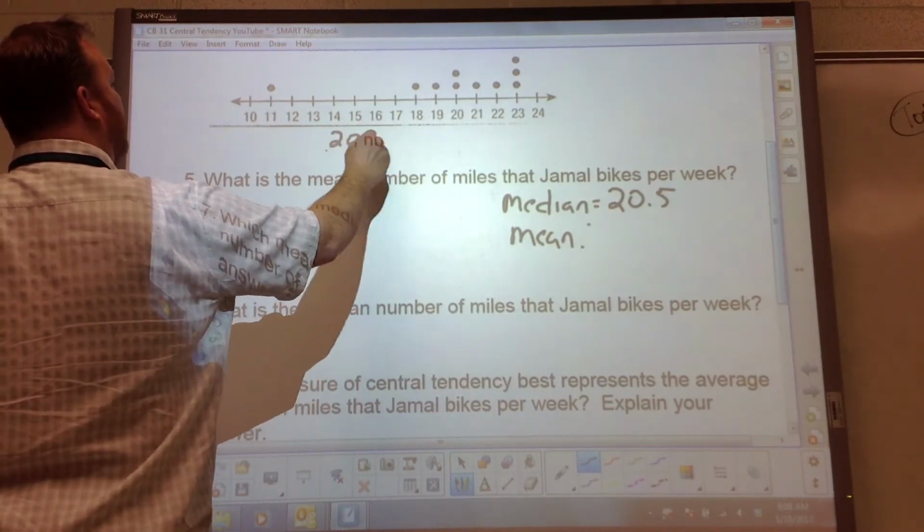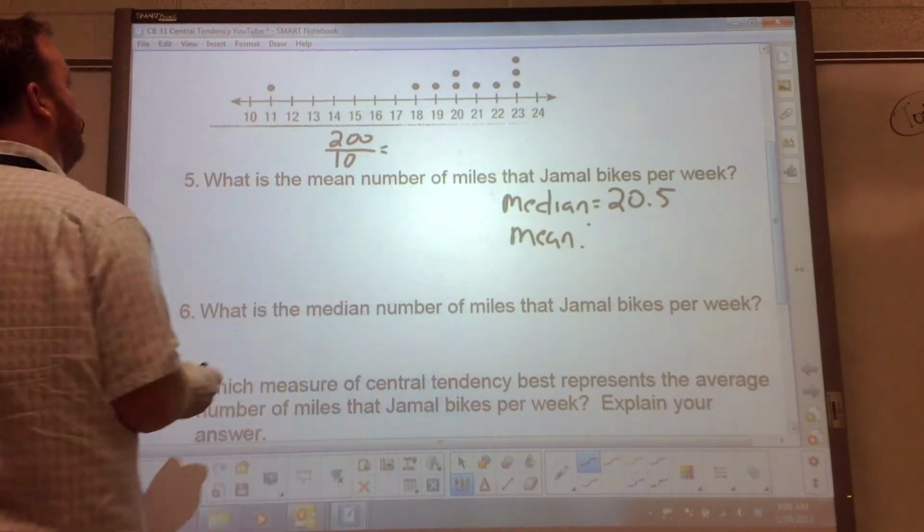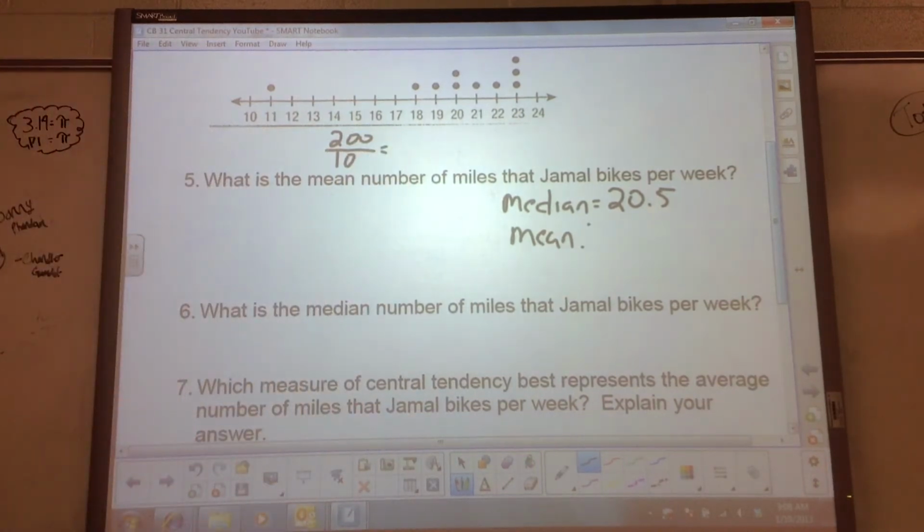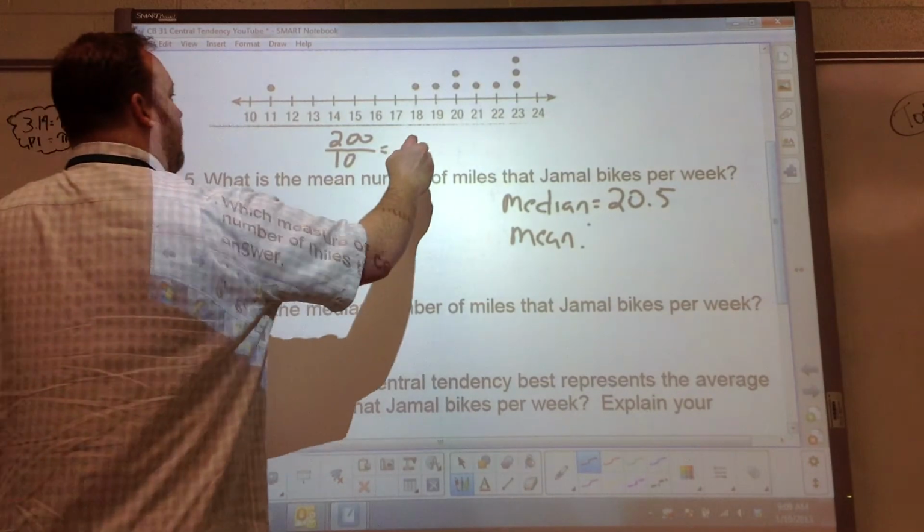I'm going to check my math here. We're going to divide that by 10, of course. 11 plus 18 plus 19 plus 20 plus 20 plus 21 plus 22 plus 23 plus 23 plus 23 again equals 200. The mean is 20.